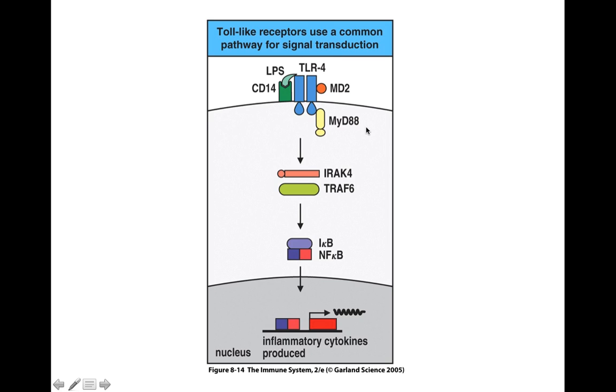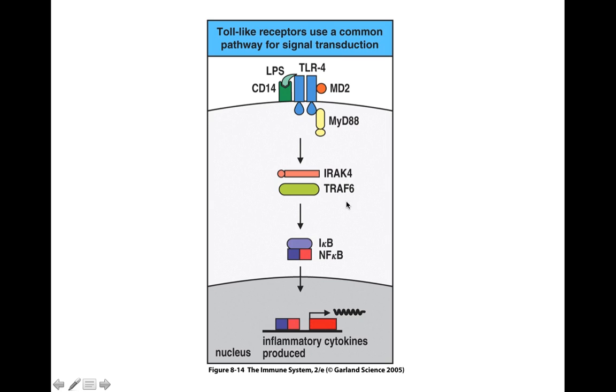This MyD88 is actually fairly important, but it activates and leads to NF-kappa B activation, which we'll see later in terms of T cell activation. But these are transcription factors.